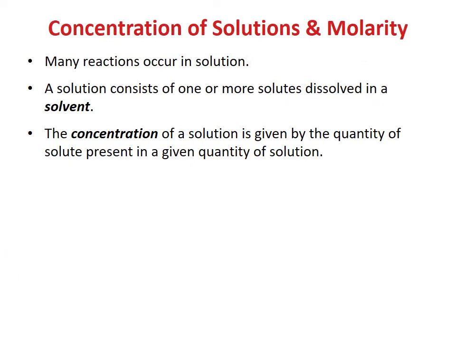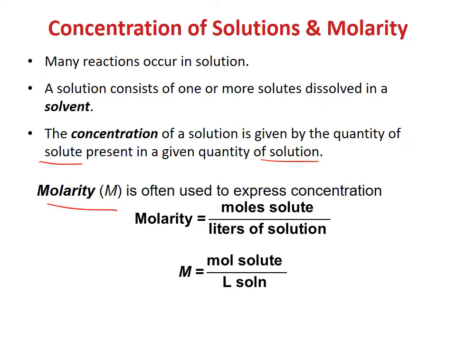Many reactions occur in solution. A solution consists of 1 or more solutes dissolved in a solvent. The concentration of a solution is given by the quantity of the solute present in a given quantity of the solution. One of the most common concentrations is molarity, M, which is calculated as moles of the solute divided by volume of the solution, and the volume is in liters.